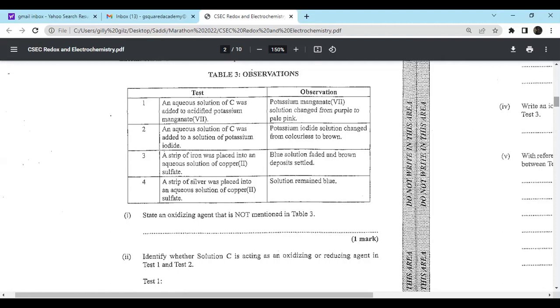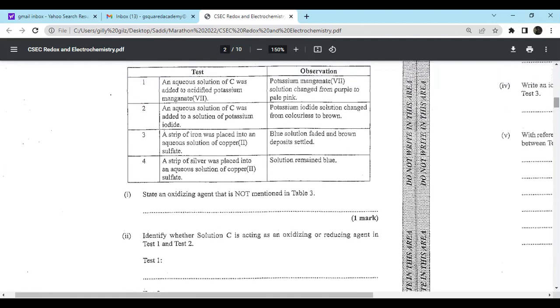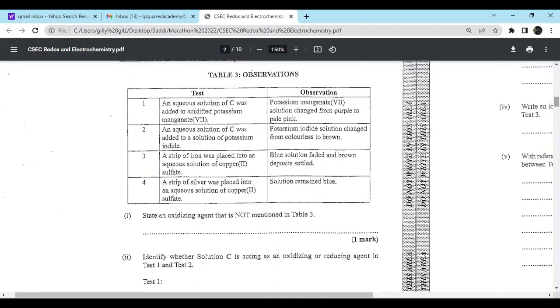And of course, chlorides, bromides, halides are all oxidizing agents, okay, because they will accept electrons. So that's simple. State one of those. Now, identify whether solution C is acting as an oxidizing or reducing agent in test 1 and 2.